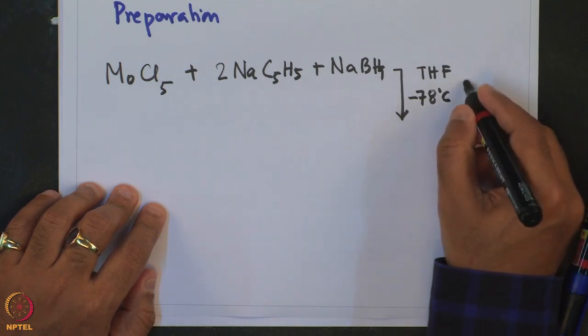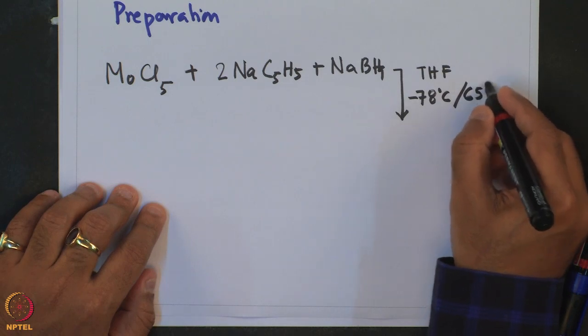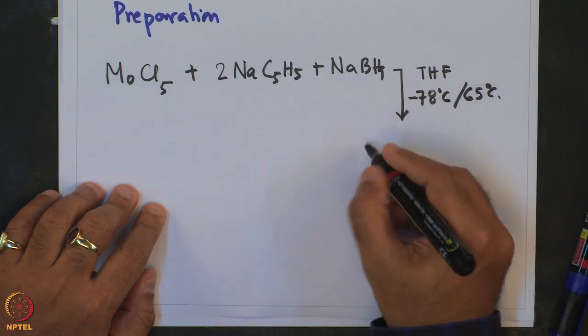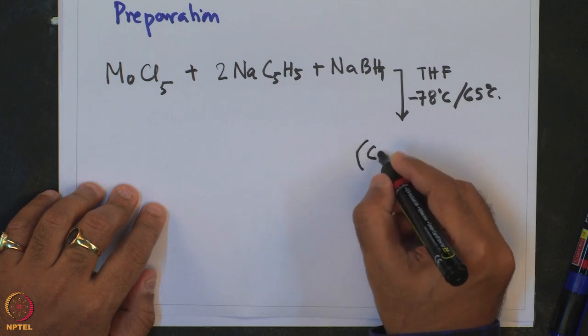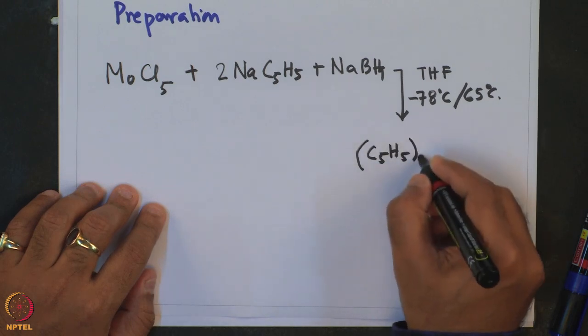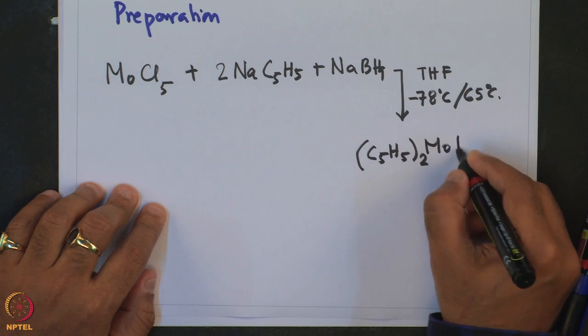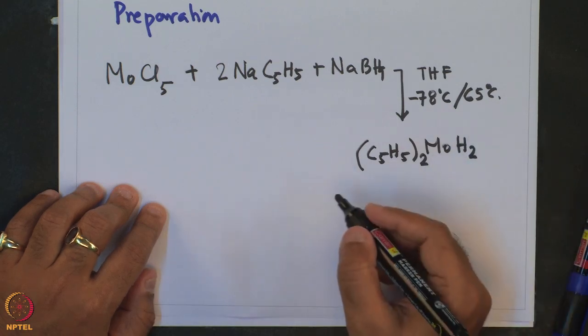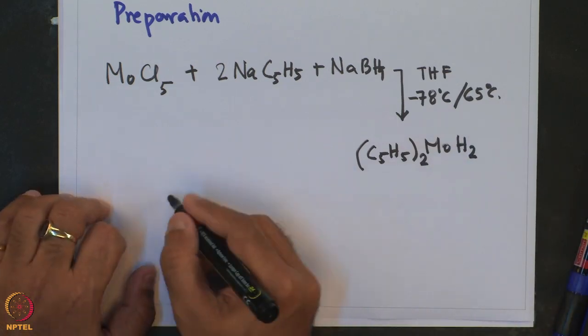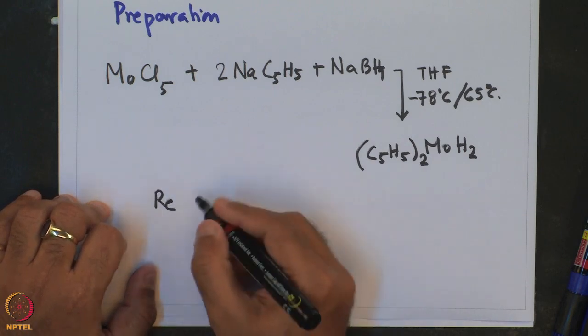The reaction is run at low temperature, and then warmed up to 65 degrees centigrade, giving (C5H5)2 MoH2.